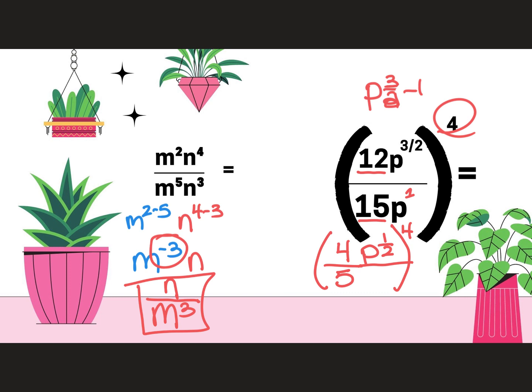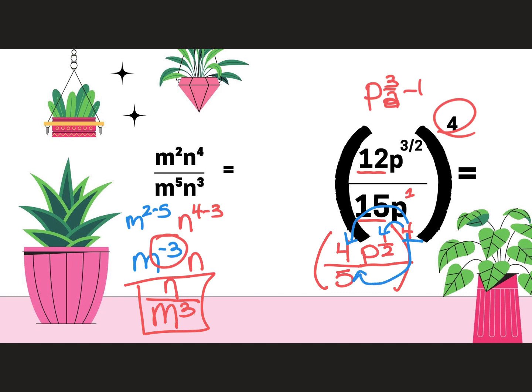Now, what am I going to do? From here, I'm going to use my power to a power rule. Remember, now this 4 is on the outside of the parentheses. So we're going to distribute it to everything inside these parentheses. And when we do that, we're multiplying.